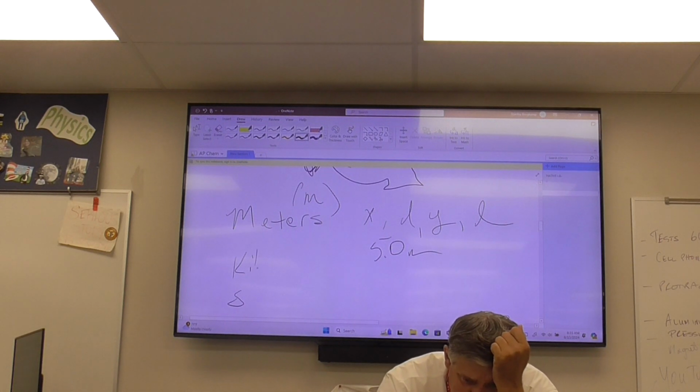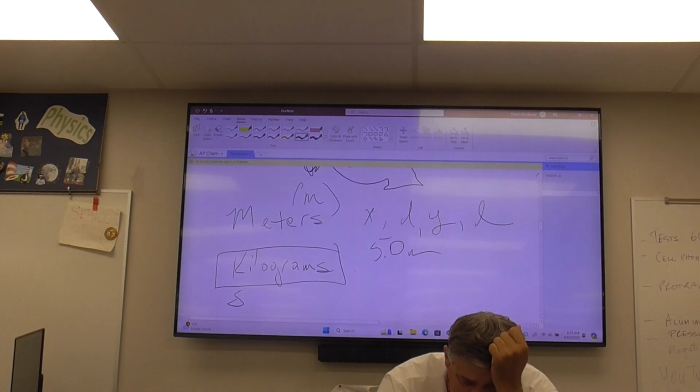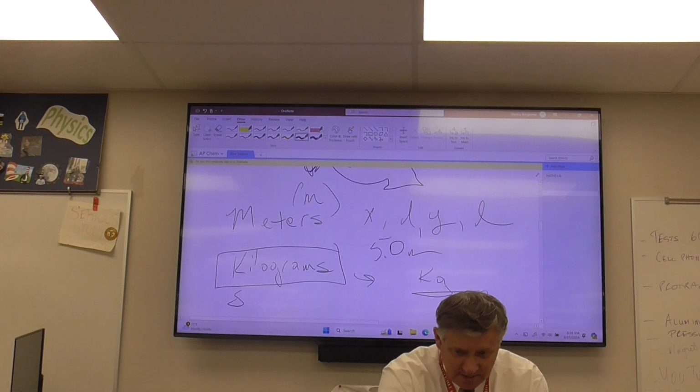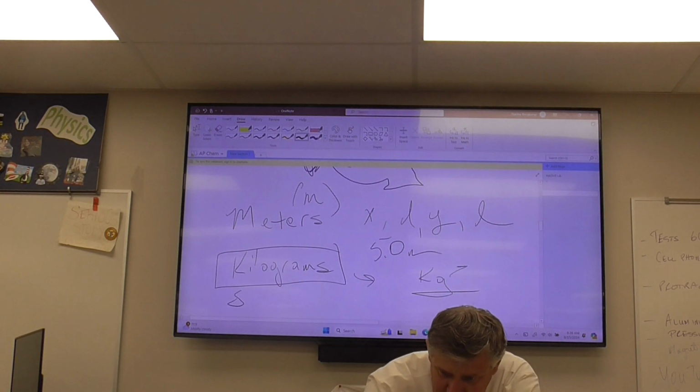Now, kilograms becomes a little bit more problematic. When you look at kilograms, which is kg, kilograms is a measure of mass. So let's begin to clarify a couple of things right away.